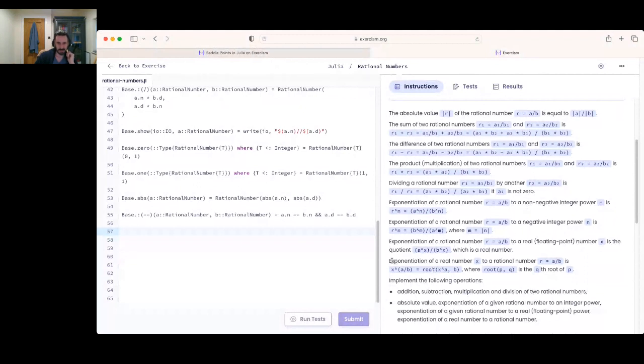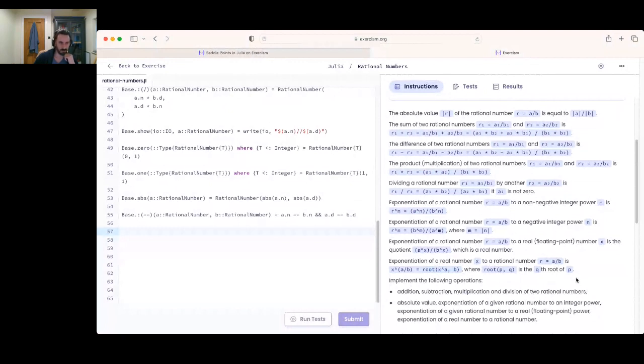Oh, it's this one down here. Sorry, I keep seeing the word root and I'm thinking square roots and stuff, but no, exponentiation of a real number to a rational number is x to the power of a over b, which is the root. Not square root, the root of a, b, where root p q is the qth root of p.